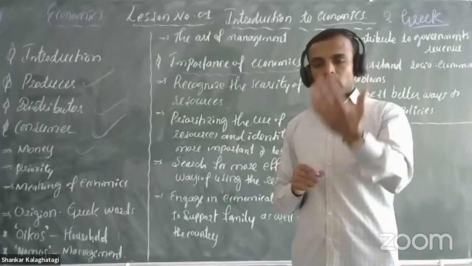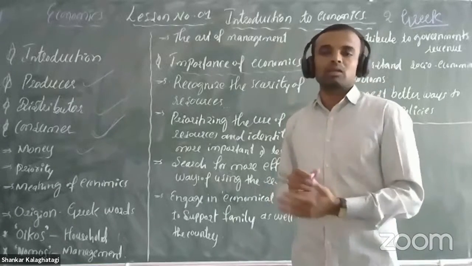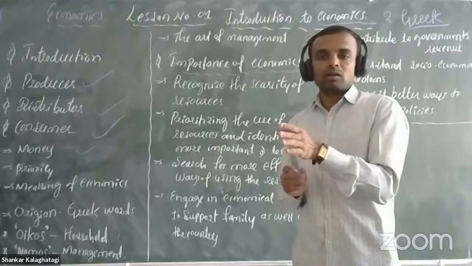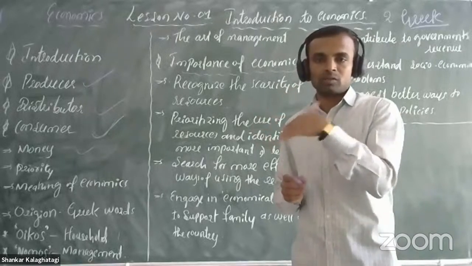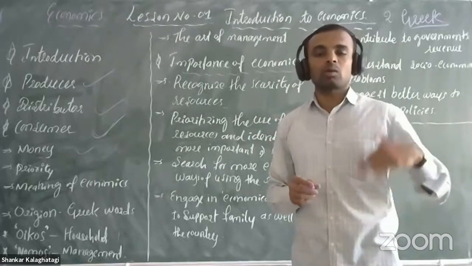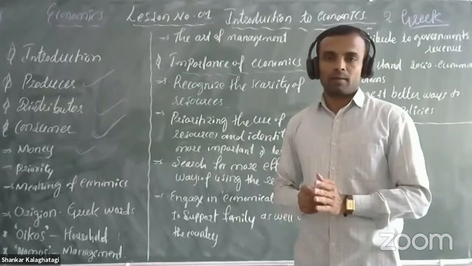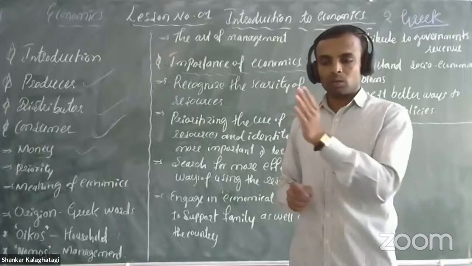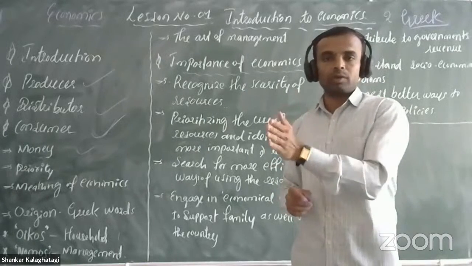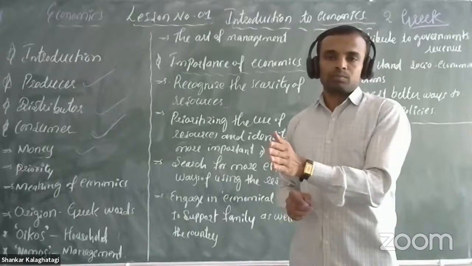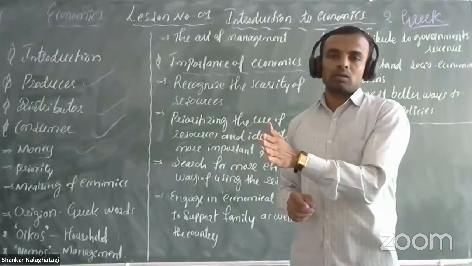Otherwise, if you would like to establish a sugarcane industry, you will select the sugarcane which is available in the local area and drop the cotton. You do not require cotton to start a sugar industry. To start our sugar industry, what do we require? Sugarcane. That is important, not cotton.